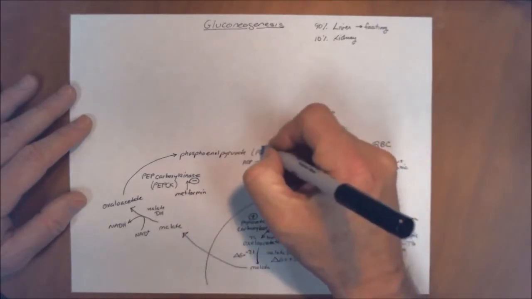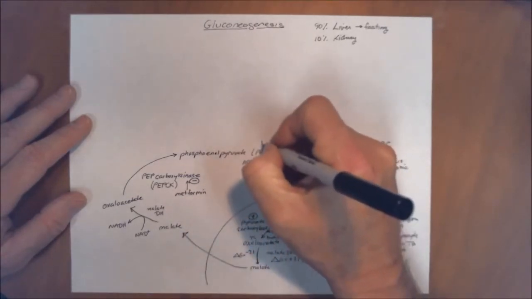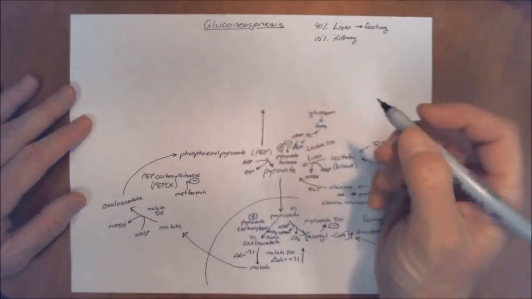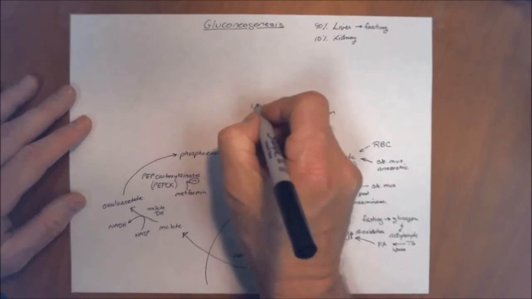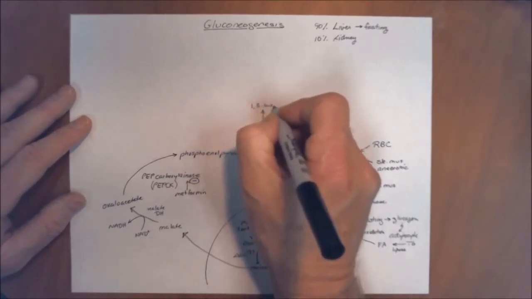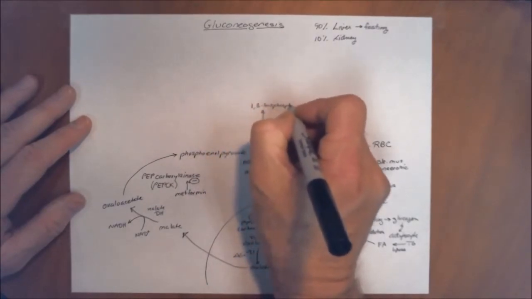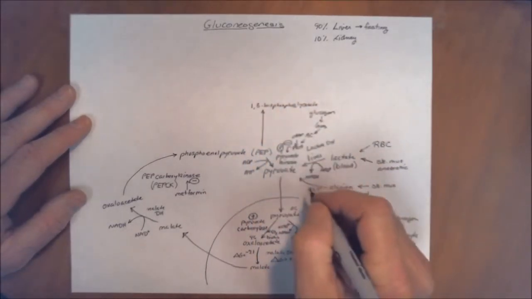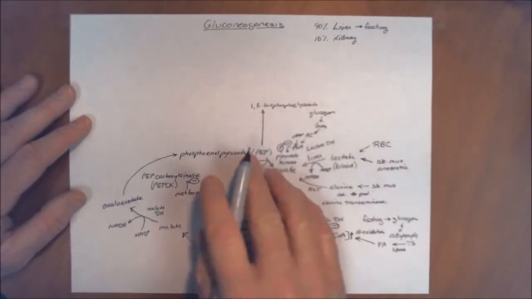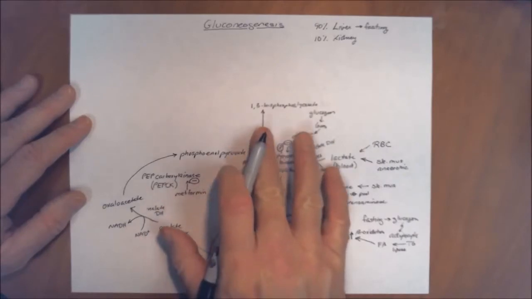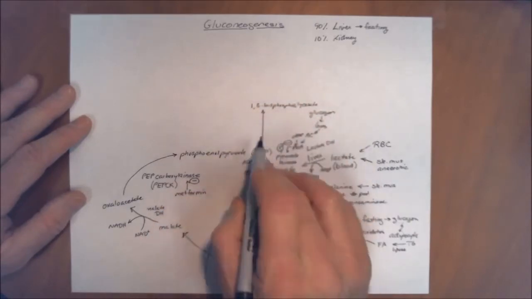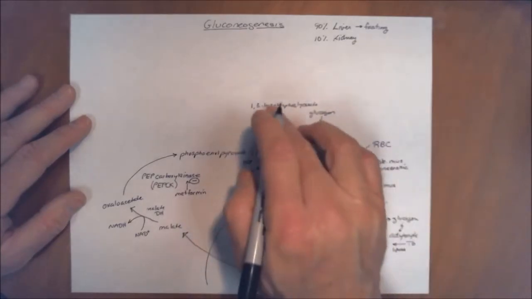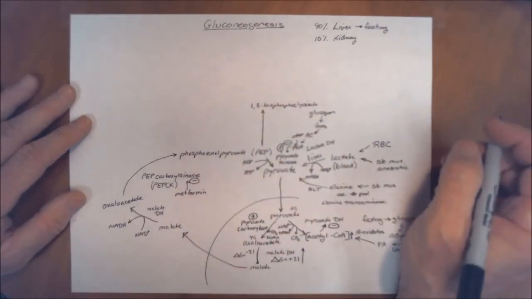Now, the series of reactions from PEP to 1,3-bisphosphoglycerate are reversible. And so as increasing substrates come up the glycolytic pathway, that will be the thermodynamic energy to drive the reaction forward, since these are all easily reversible enzymes.